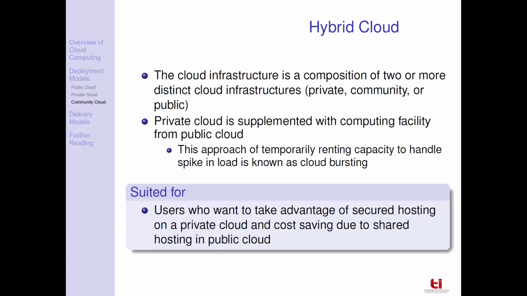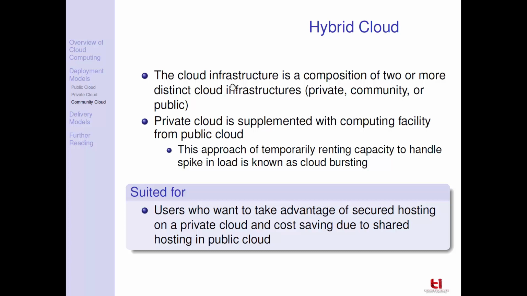So this is a combination of private cloud and public cloud. Another example is when an organization wants to store a lot of data. It can store the sensitive data in its own data center, which is on its premises, and it can store the other data which is not so sensitive on the public cloud.